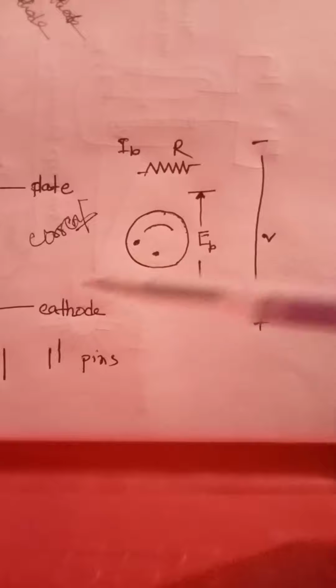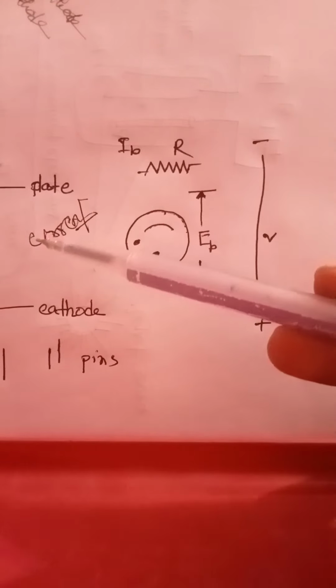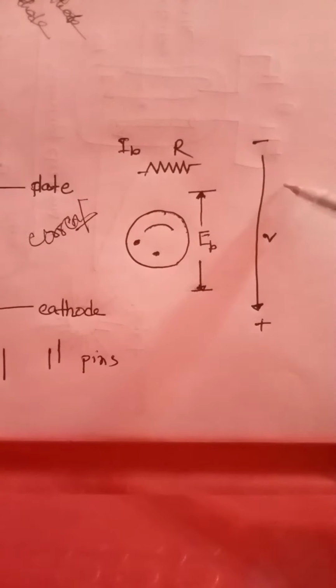So the plate current increases dramatically to a large value due to the neutralization of the space charge by positive gas ions. The ionization voltage depends upon the type and the pressure of gas in the tube.